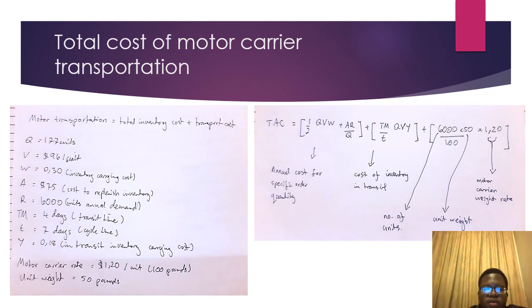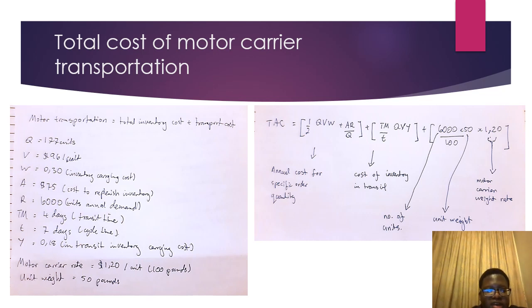And then when we talk about transportation, we start off with the motor carrier costs. So we started off by listing all the data that we have. For motor transportation costs, it's simply the total inventory cost plus transportation cost.